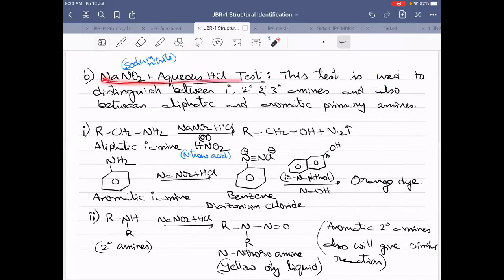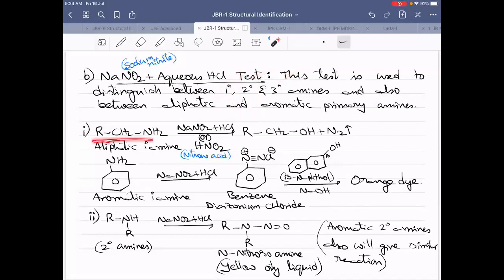This test is used to distinguish between primary, secondary, tertiary amines. That means all will give some or the other result. By that result, you can identify whether it is a primary, secondary, or tertiary amine.